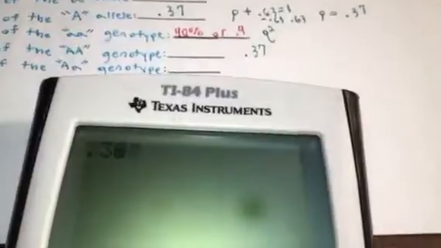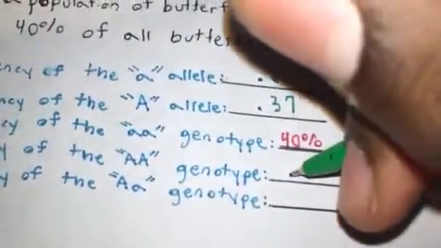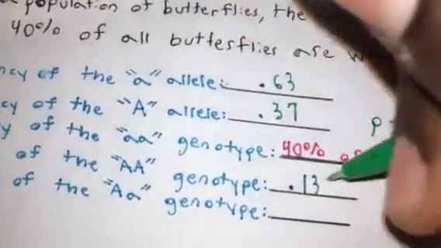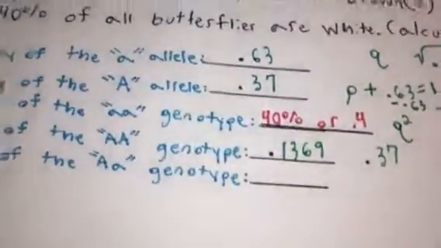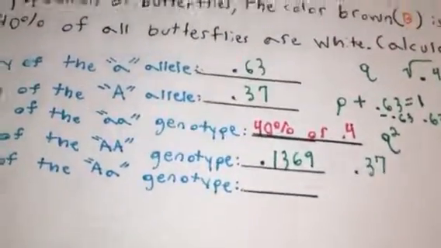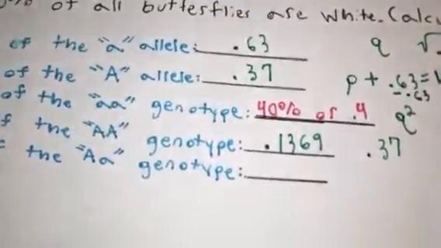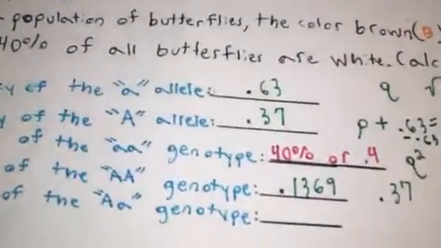So if you type into your calculator 0.37 squared, it will equal 0.1369. So that'll be your answer, 0.1369. Normally you don't have to write out the whole answer. You could have rounded it to 0.13, but I wrote it out to give a more accurate number.